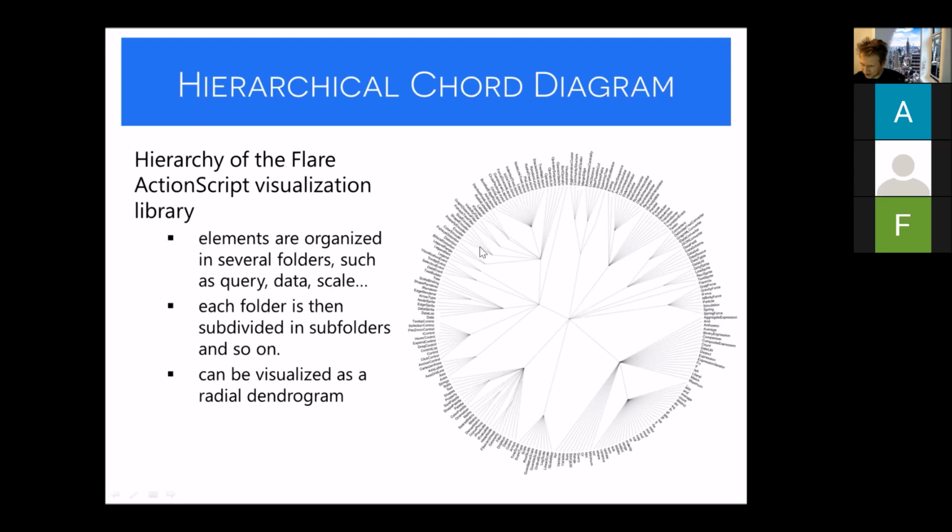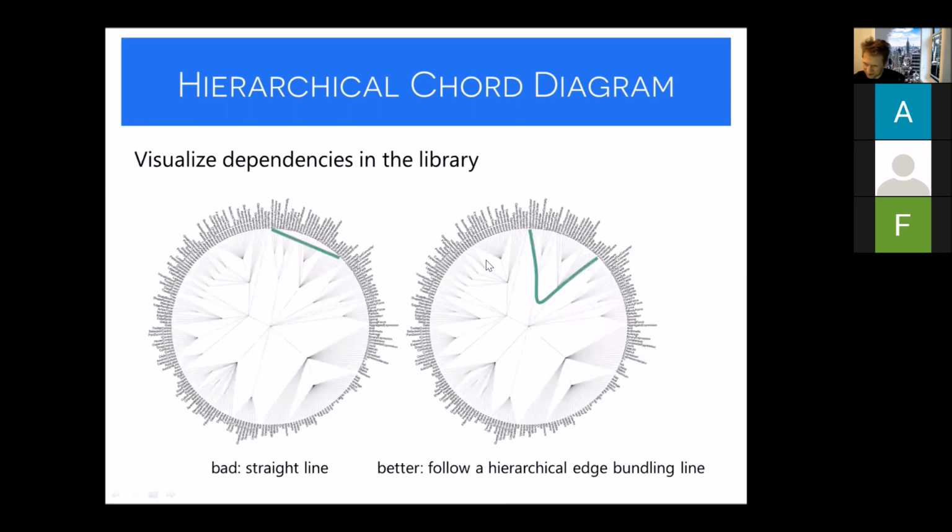But still, you got a lot of things going on, and it's really hard to see, because there are so many straight lines, really hard to see how much is really there. If you want to see the dependencies among the libraries, a primitive way is just a straight line. You just go from here to here, and then you bridge over this. You can sort of see, okay, there's a very different group.